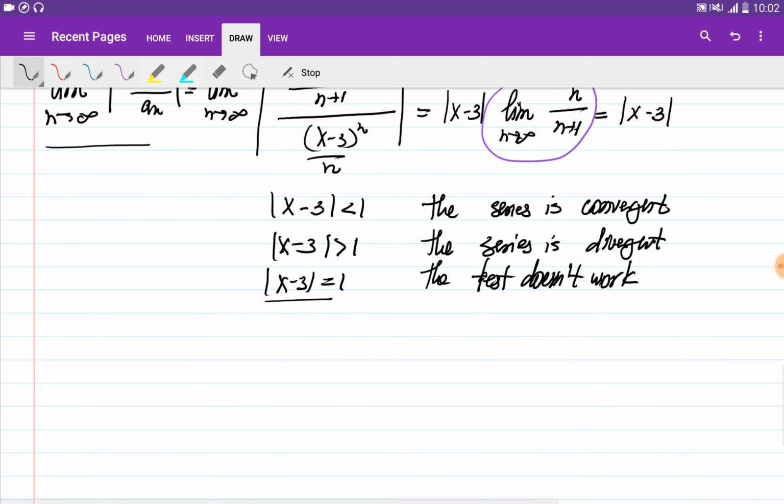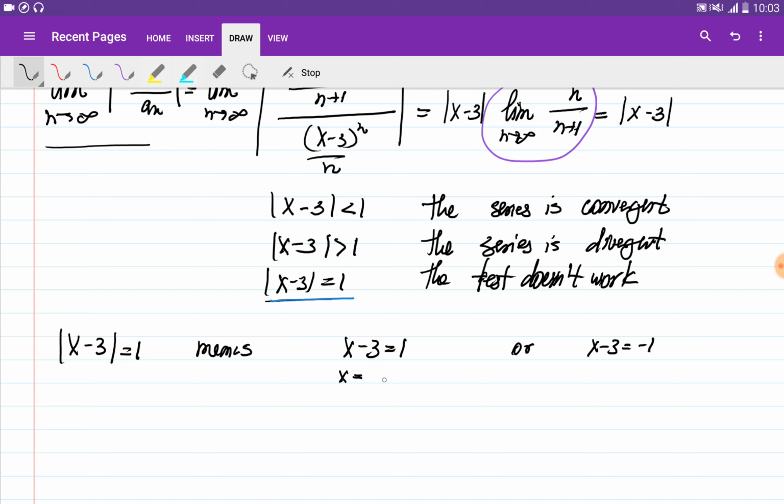Okay, so let us write down first of all the interval of convergence. Before we write the interval of convergence, we need to check the cases where the modulus of x minus 3 is equal to 1, right? So the modulus of x minus 3 equal to 1 means that x minus 3 is equal to 1, or x minus 3 is equal to minus 1.